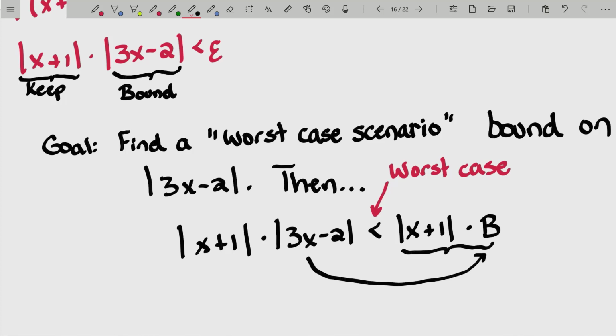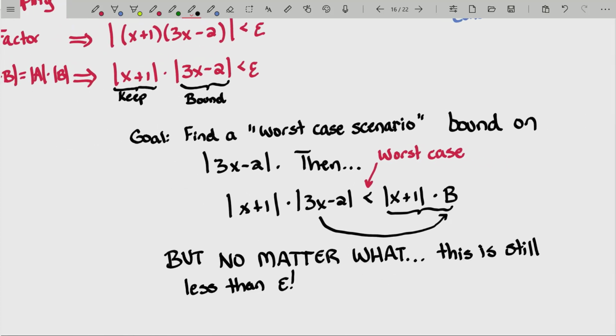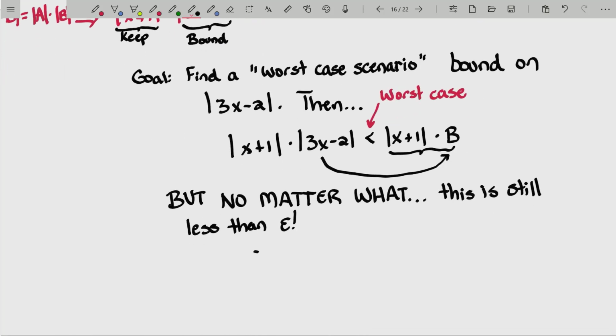That's a worst case scenario. But no matter what, this is still going to be less than epsilon. That is, the absolute value of x plus 1 times the worst possible case scenario for 3x minus 2 will still be less than epsilon. And guess what? These are both constants. So I can just divide both sides by b, and I would get this beautiful result.